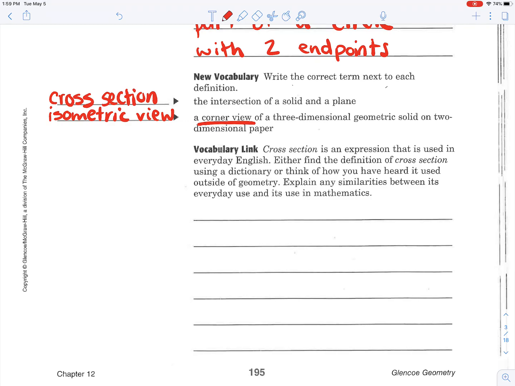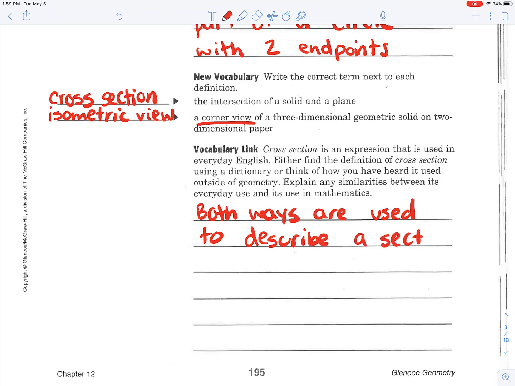In math, if we're talking about a cross-section, like I said before, it's going to refer to a specific view or a part of or a section of some sort of solid figure. So I could say both ways are used to describe a section or specific view of something.